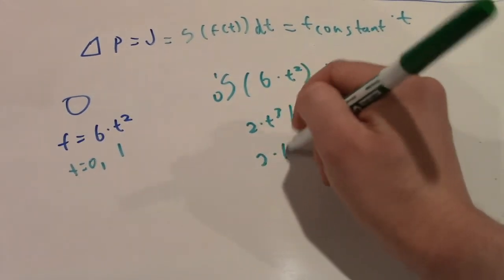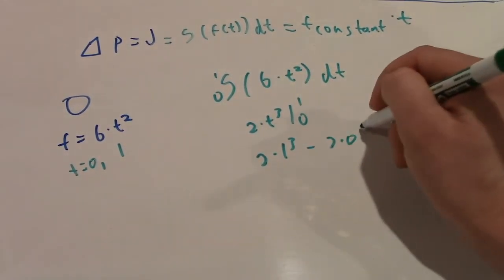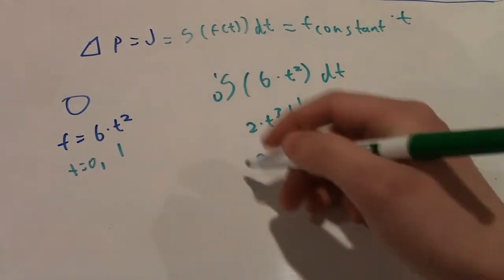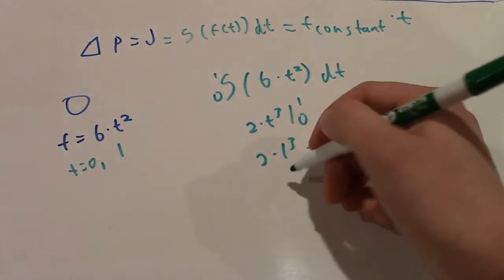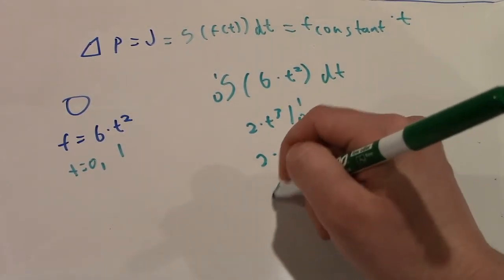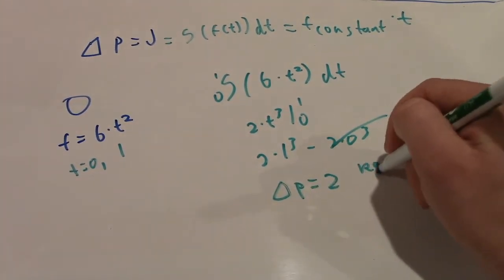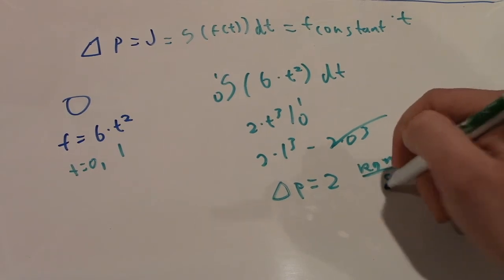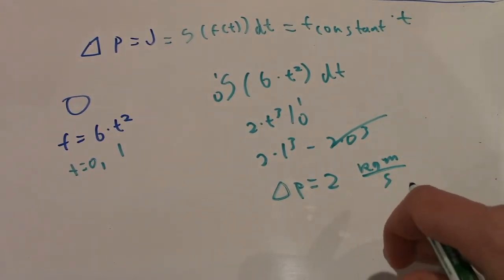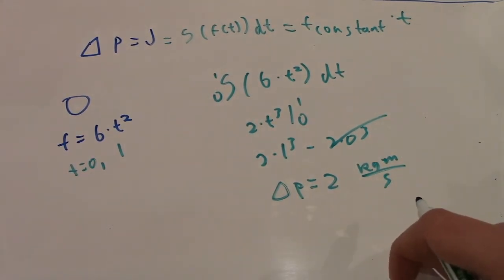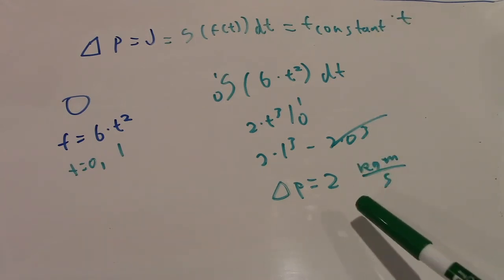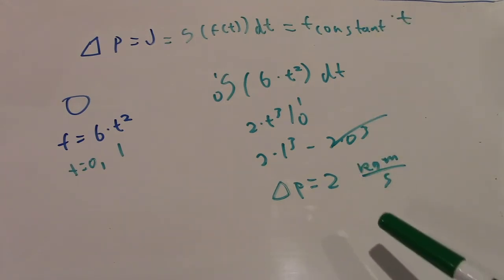So 2 times 1 cubed minus 2 times 0 cubed, we can just ignore this of course, so 1 cubed is just 1, so we find that it has a change in momentum of 2 kilogram meters per second. And since it started at a momentum of 0, its final momentum is 2 kilogram meters per second. And that is the momentum that the ball is rolling at.